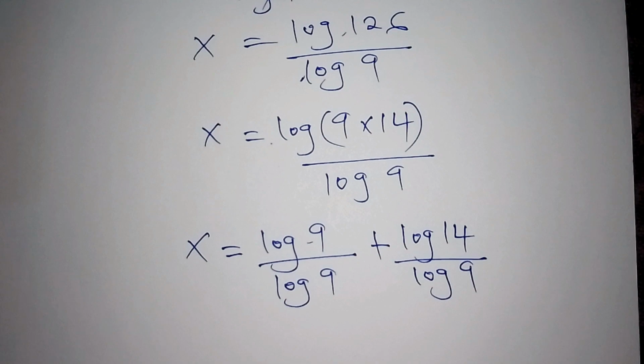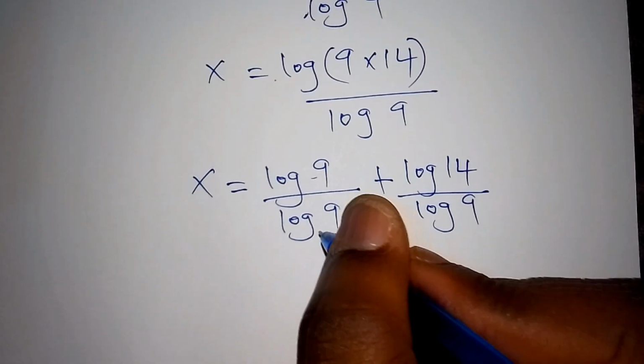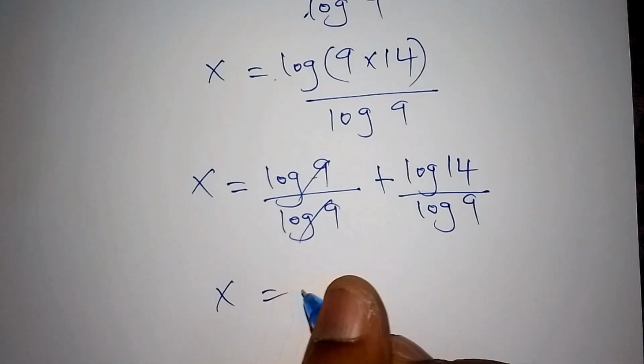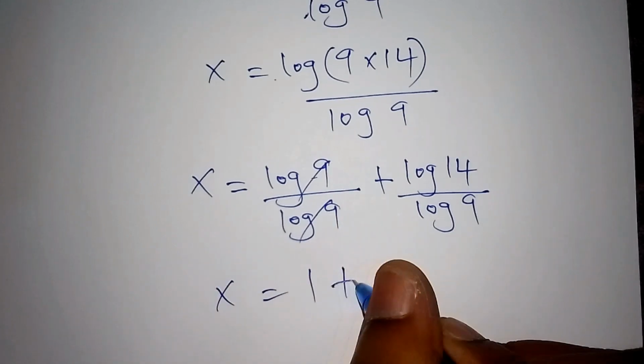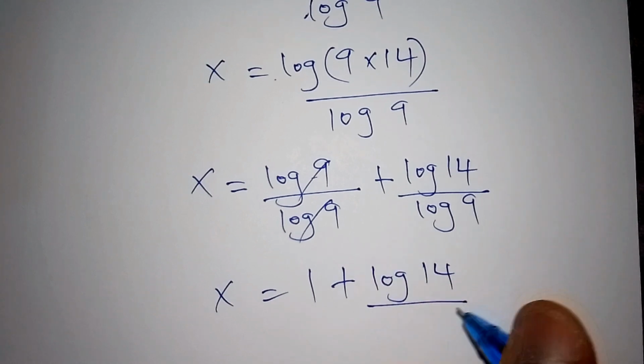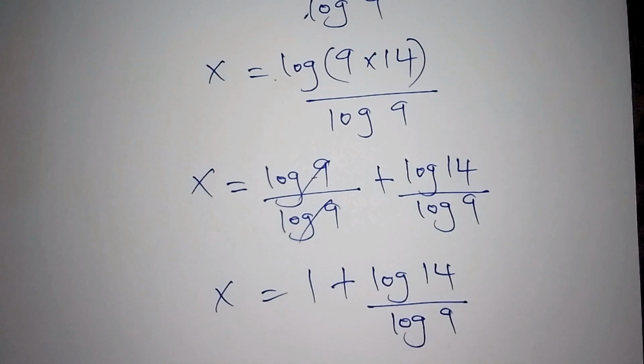Now we cancel, the log of 9 over the log of 9 is 1. So x is equal to 1 plus the log of 14 all over the log of 9. We don't stop there, we can still factorize the log of 14.